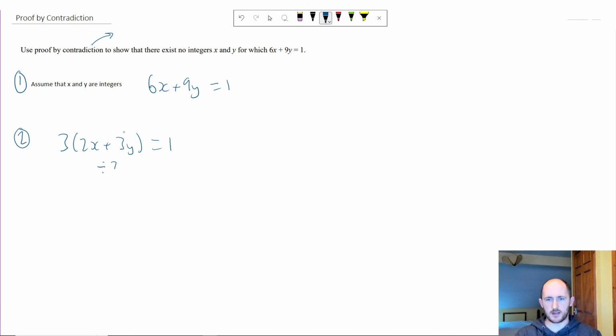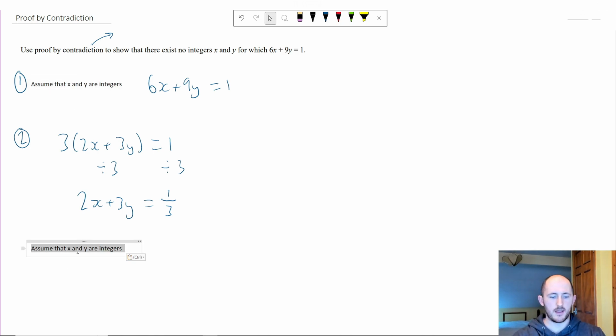If I divide both sides by 3, we have 2x plus 3y equals a third. Now, it's not possible for you to multiply an integer by 2 and add it to another integer times 3 and get a fraction, right? So I would then write, and I'm going to copy and paste this down here, this is step 3.